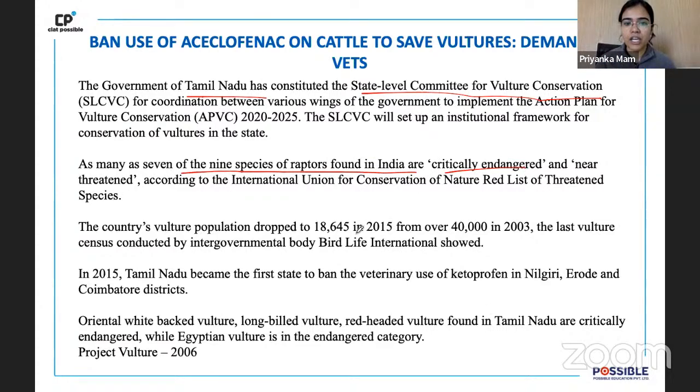And in fact, look at this, from 2003 to 2015 कुछ 40,000 हमारे पास species थी, अब 18,645 रह गई हैं.